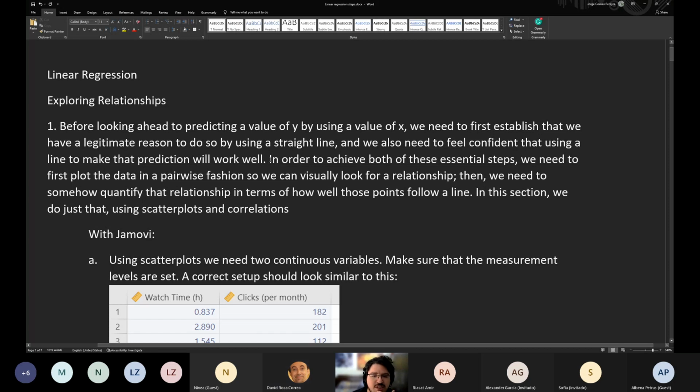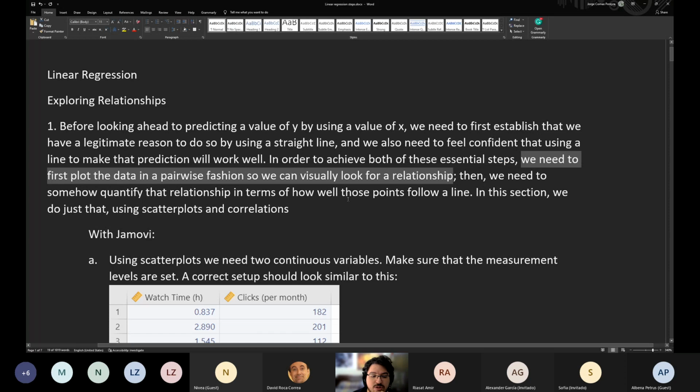Yeah. Okay. So, in order to achieve the essential step of establishing that there's a legitimate reason to use a straight line to study the relationship between variables, we need to first plot the data in a pairwise fashion, so we can visually look for a relationship.